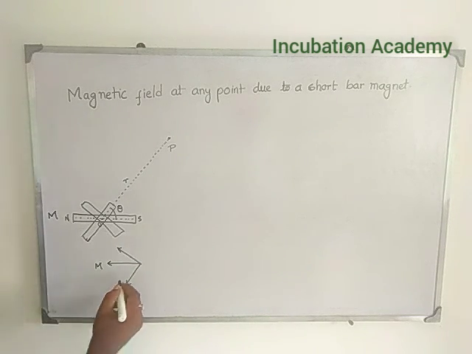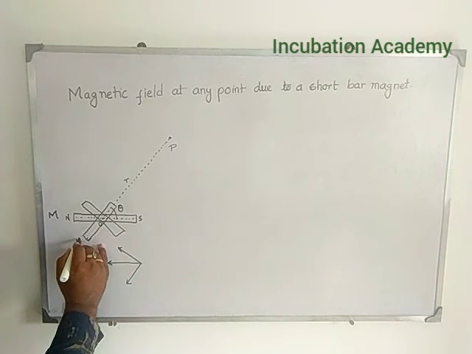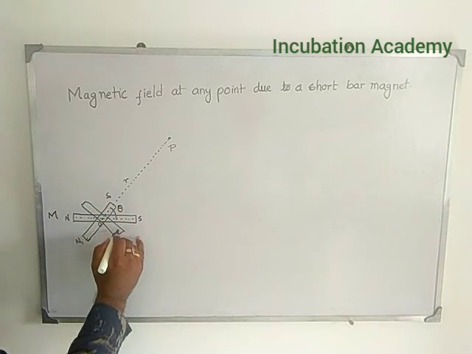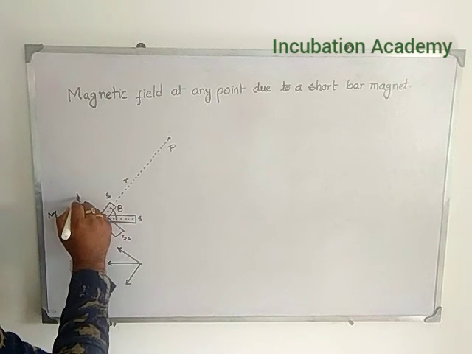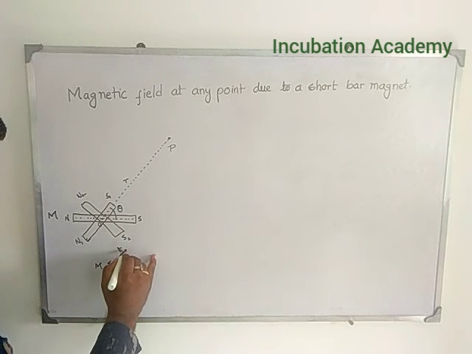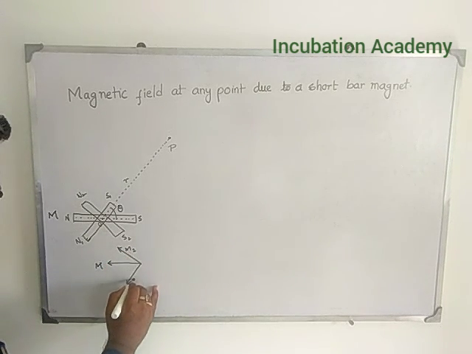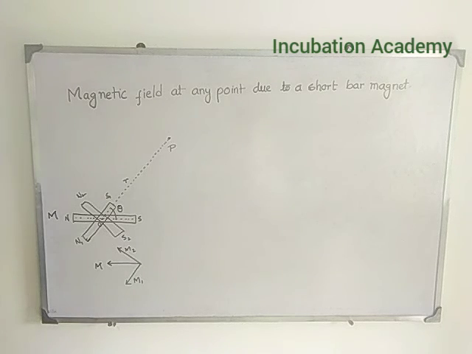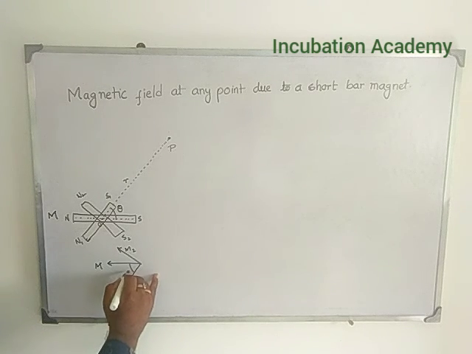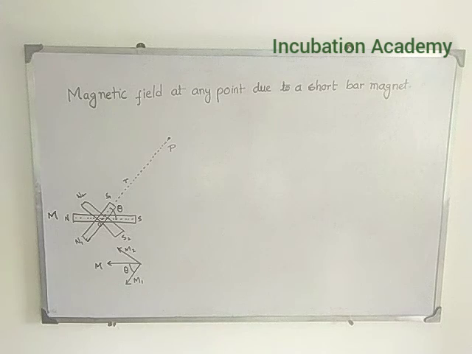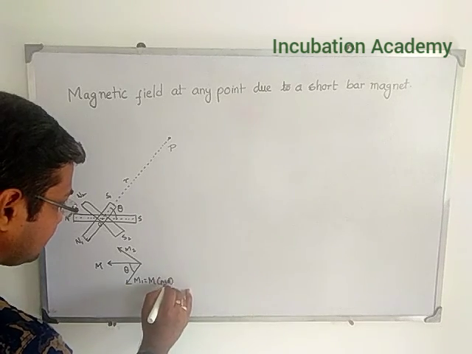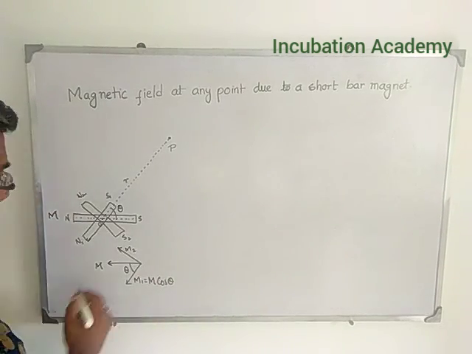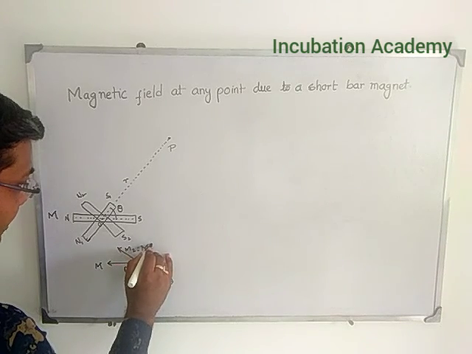So this is N1 and S1, and this is S2 and N2. This represents m2 and this represents m1, and this is my theta. So m1 is equal to capital M cos theta, and m2 is equal to m sin theta.